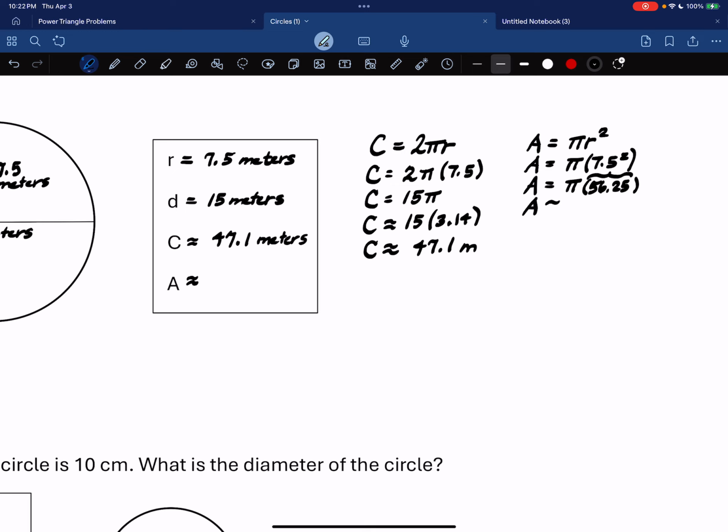And at the point we let pi come in there as an approximation, the whole area gets approximated. And I'm going to use a calculator here. I'm getting 176.625 square meters.